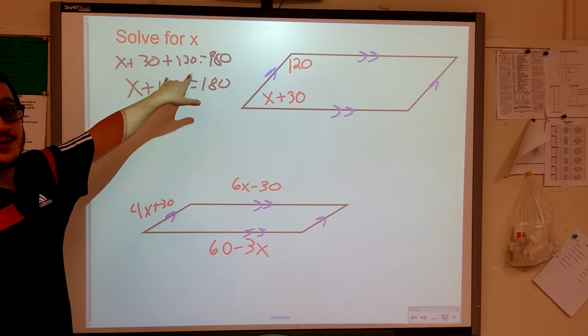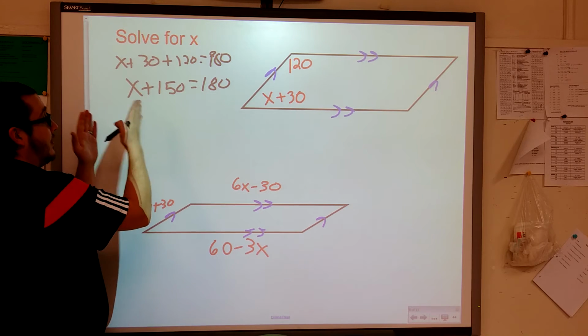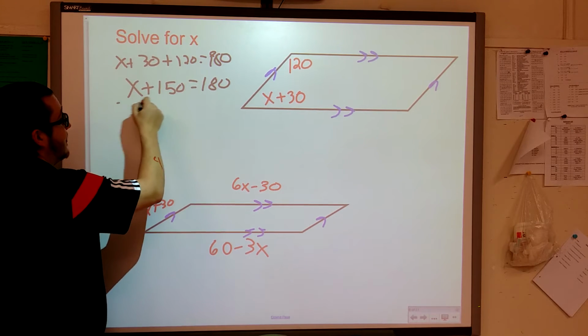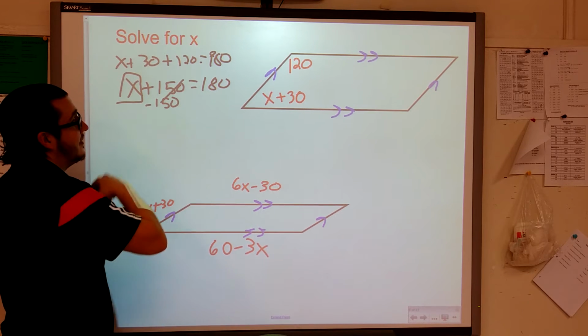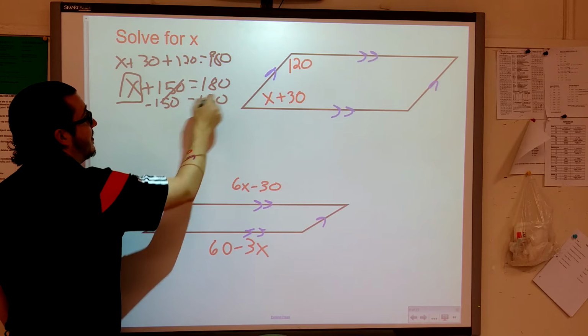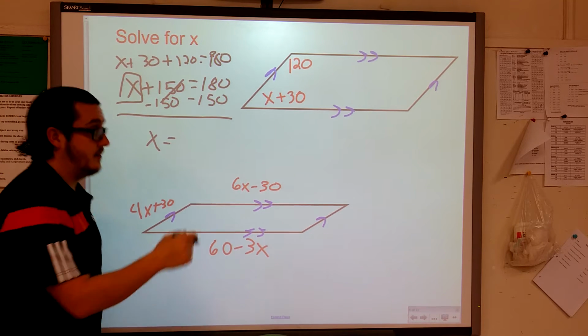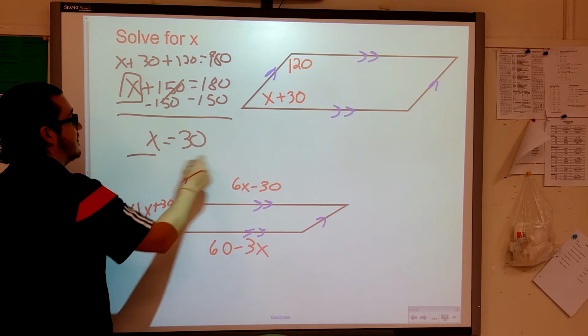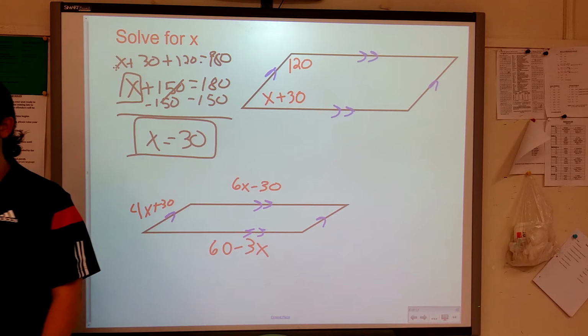We have to combine our like terms here. We need to get x by itself, right? We need to isolate that bad boy. So let's subtract 150. What's 180 minus 150? 30. You solve for x. Wham bam, thank you, ma'am.